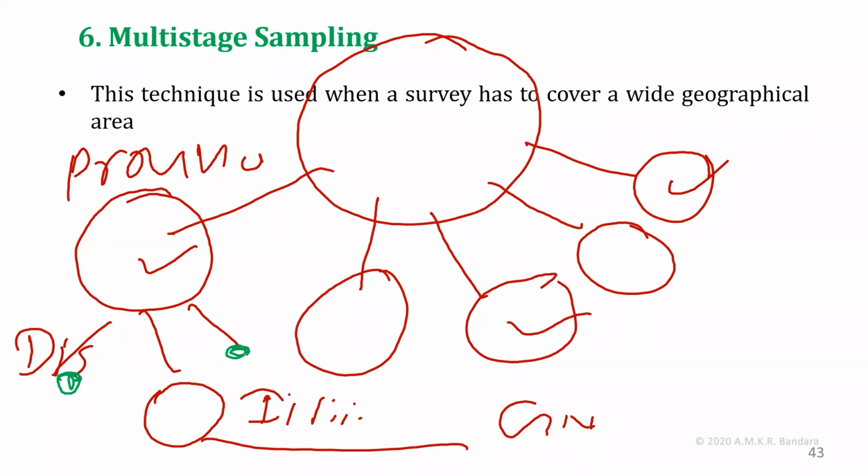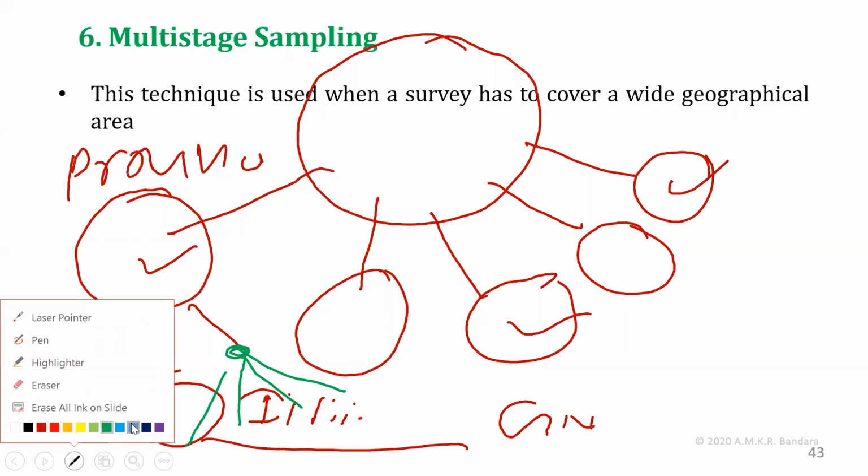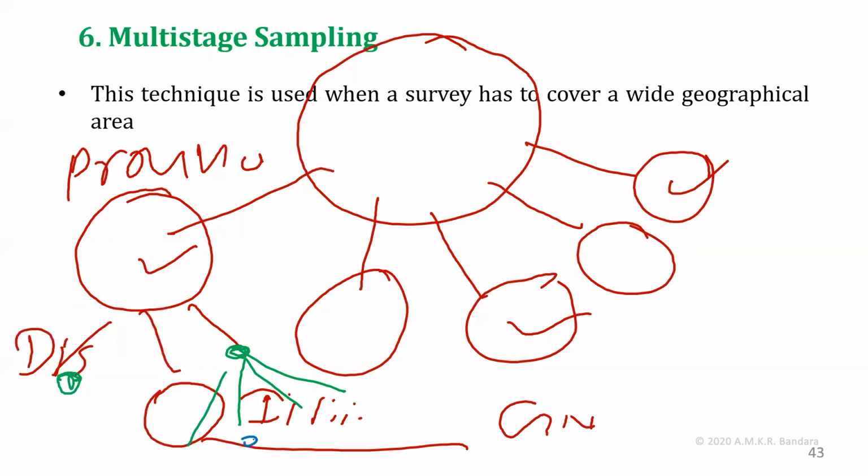Then from the selected district, you know there are several divisional secretariat divisions, DS divisions. So out of these, a few DS divisions can be selected randomly.